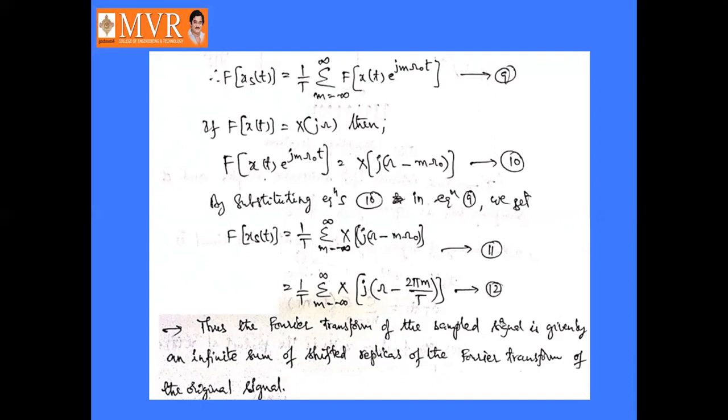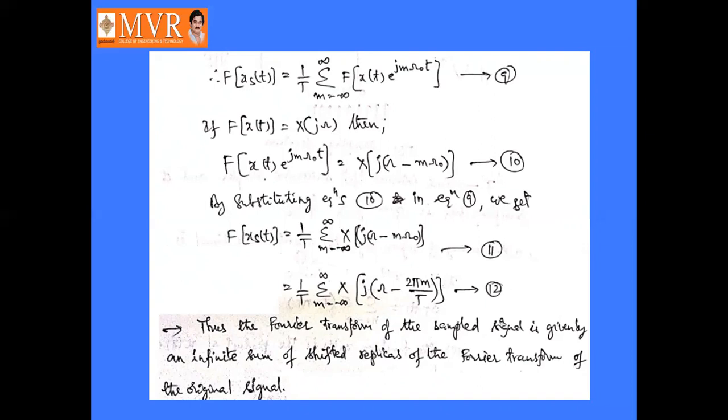That is equation number 11. So it is equal to 1 by T into sigma m is minus infinity to infinity X of j omega minus 2 pi m by T, where omega naught equal to 2 pi by T. That is equation number 12.